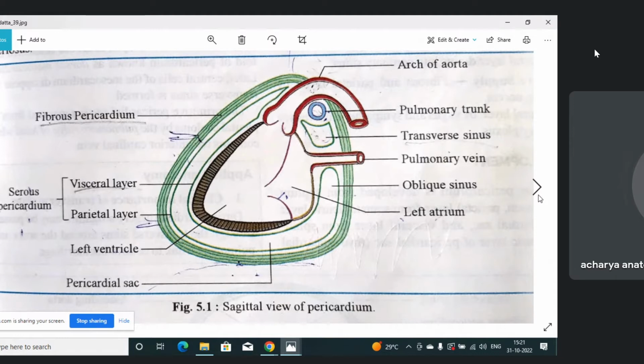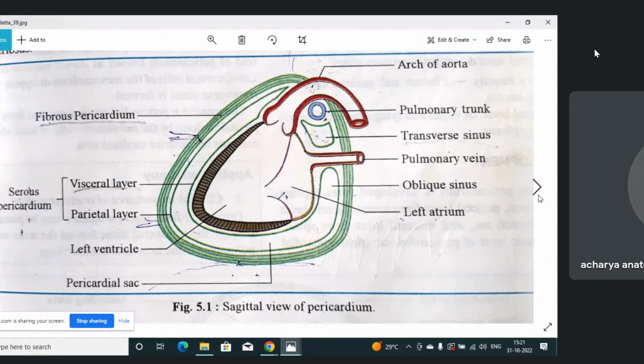First, fibrous pericardium. It is made up of fibrous layer. It is located in the middle mediastinum. It covers the heart.